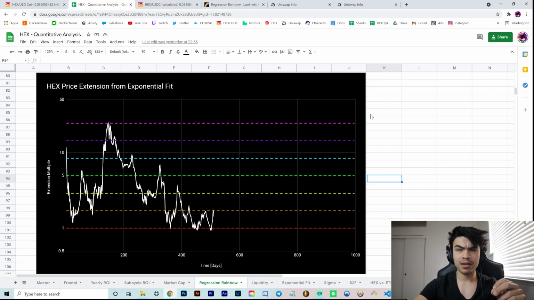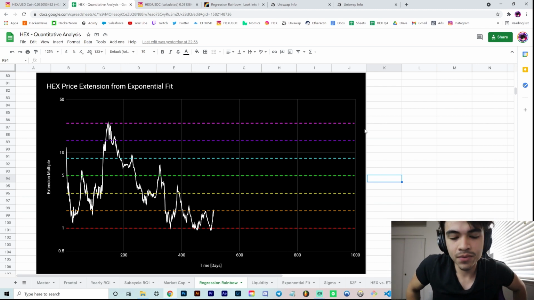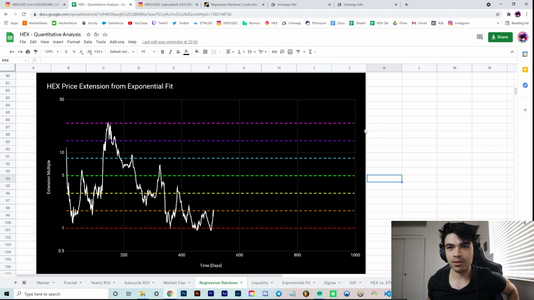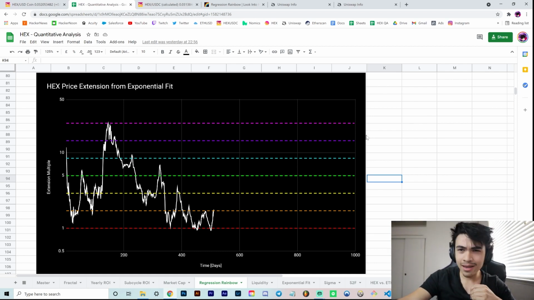Some whales in this market. I believe one of our friendly whales just bought 300 ether worth of HEX the other day. I saw it on Twitter, with at whale HEX, the HEX whale bot that updates you in real time. Someone bought like $1 million USD. Amazing. And I believe they have like 100,000 ether.